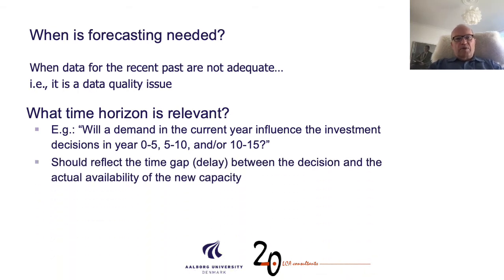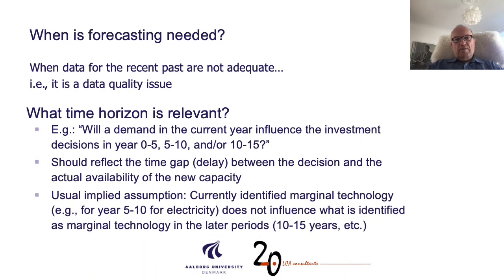Now, we should actually have a time period that reflects the gap between the decision and the actual availability of that new capacity. The usual implied assumption on top of that is that the current identified marginal technology, for example, year 5 to 10 for electricity, does not influence what is identified as the marginal technology in later periods. So it's a one-time only thing that we are pushing things in time.